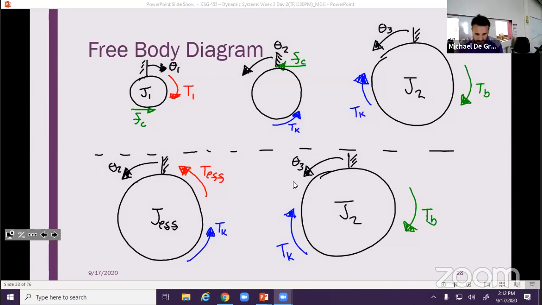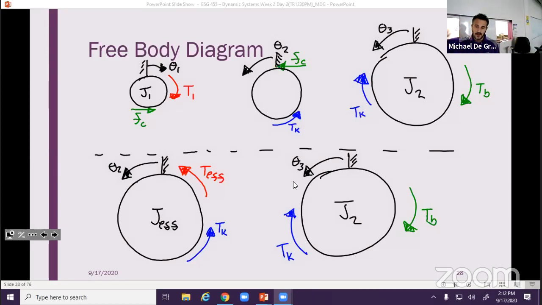So what does the gear ratio tell us? Just so we can remind ourselves, I'll write it on the next page with the mathematical truths, what the gear ratio is going to tell us and what the gear ratio is. We're going to talk about how to get J effective.